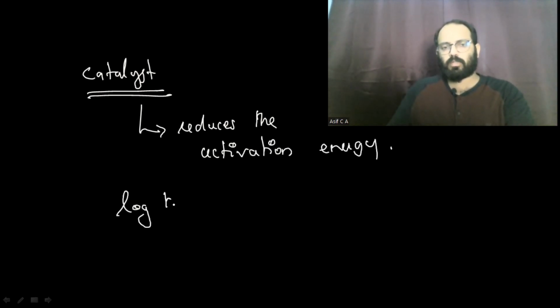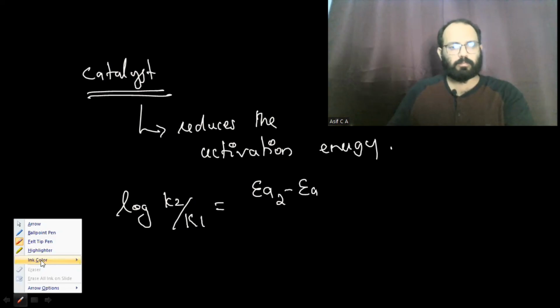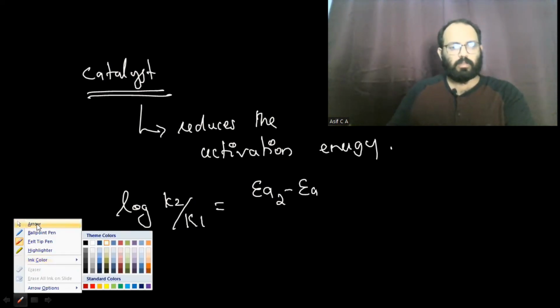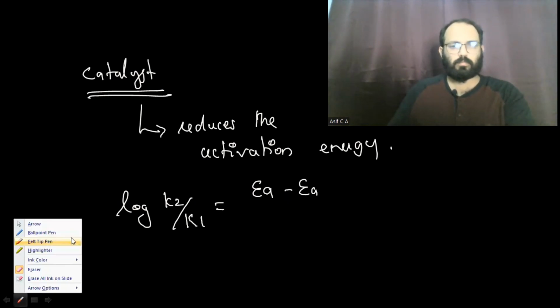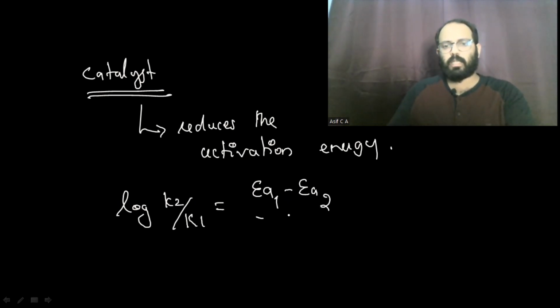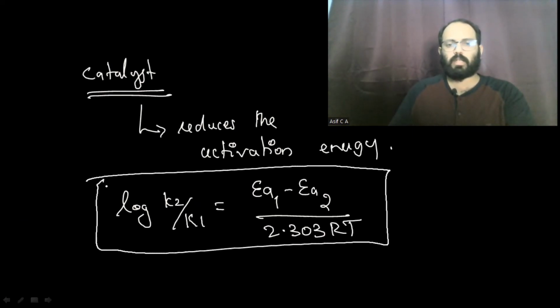So the equation is log K2 by K1 is equal to Ea1 minus Ea2 by 2.303 RT if the temperature is the same. If the temperature is different, again we can use 1 by T1 minus 1 by T2.